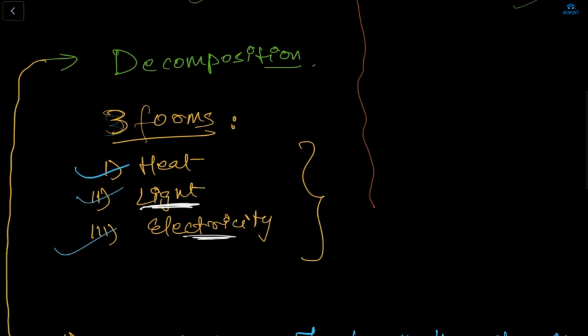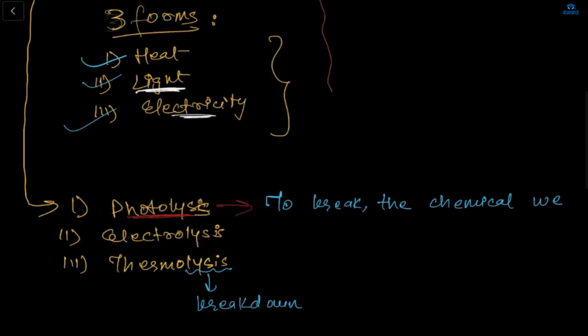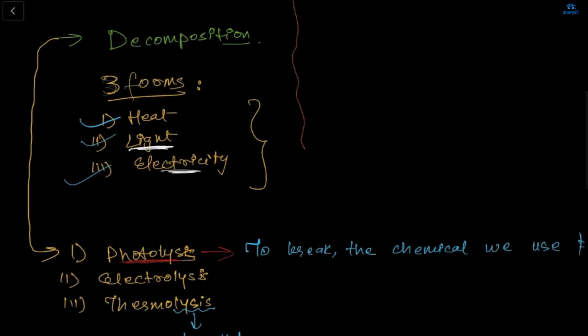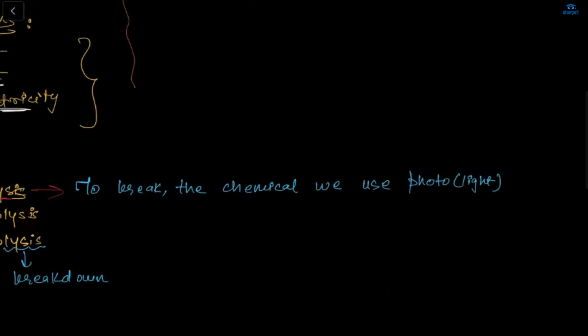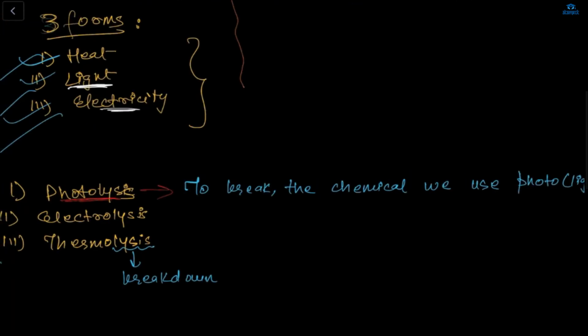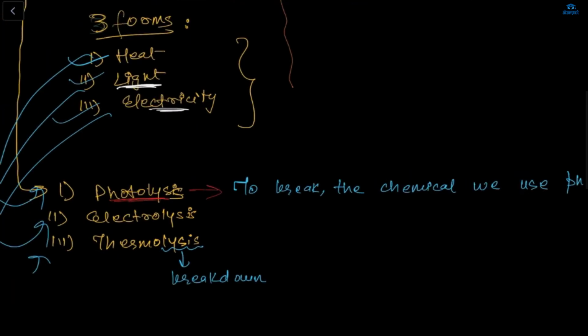Heat is thermolysis, light is photolysis, and electricity is electrolysis. What is photolysis? It means to break down chemicals using photo, light. Lysis means breakdown.